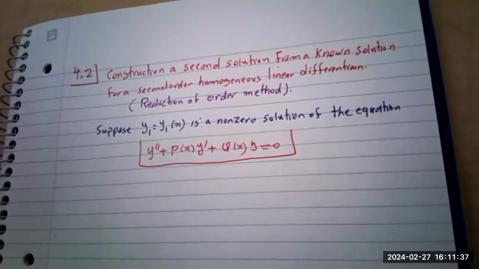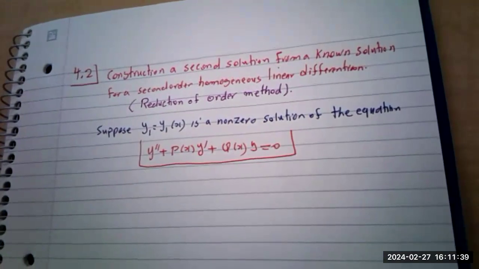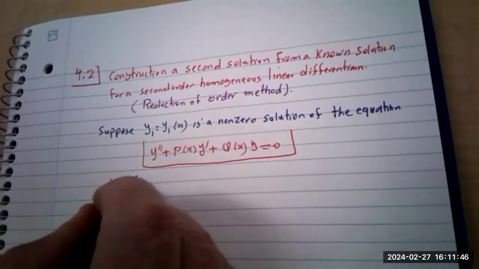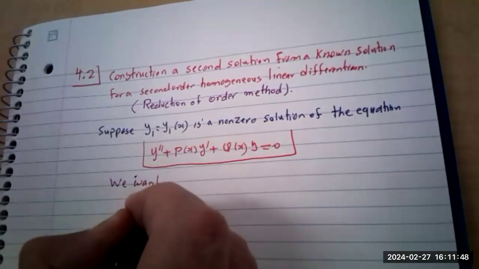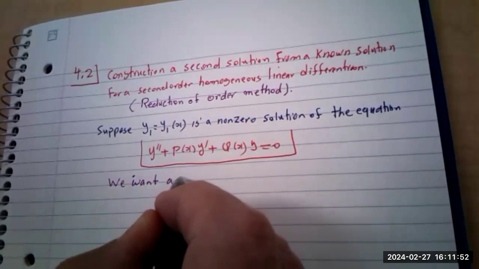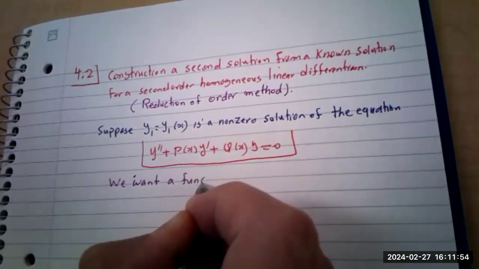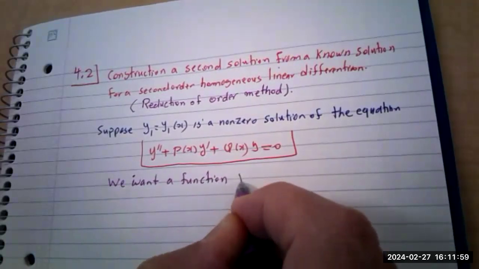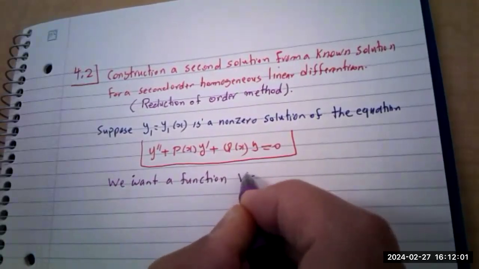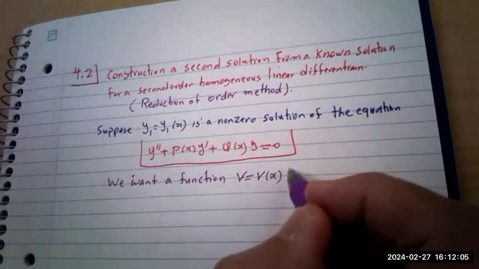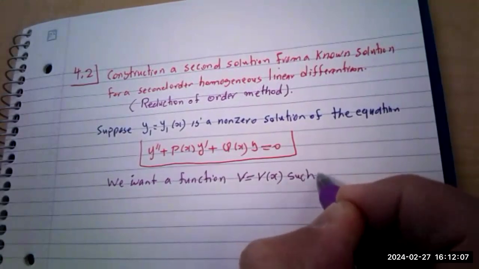So what we'd like to do, that's the target, is to find a second solution. It's standard to call the function v, v equal to v of x. In your book, I think I call it u, since it's more popular to use u.